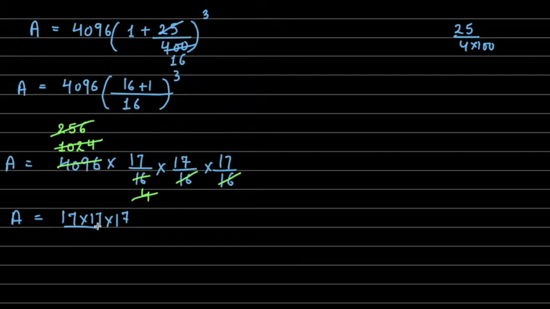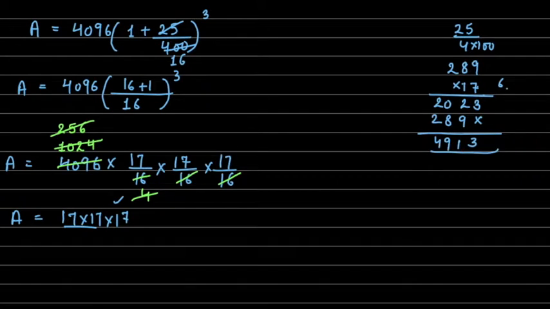Now 17 into 17 is how much? 289. And we have to multiply it with another 17. Let's simplify it. 7 9s are 63, 7 8s are 56 plus 6, 62. Then carry 6, 7 2s are 14 and this is 20. Now 1 9s are 9, 8 and 2. Add it: 9, 4. So it means amount is coming how much?